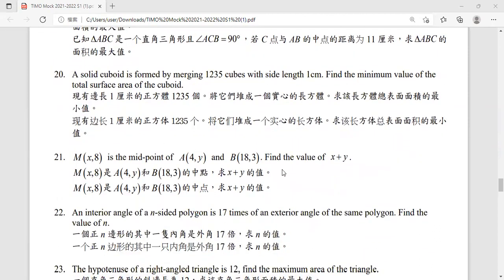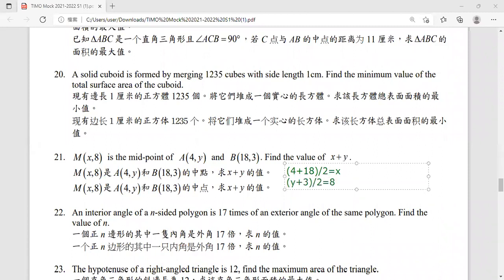Okay, next question. This one is by definition very simple, so I just call the answer. 4 plus x over 2 is 6, and then y plus 3 over 2 is 8.